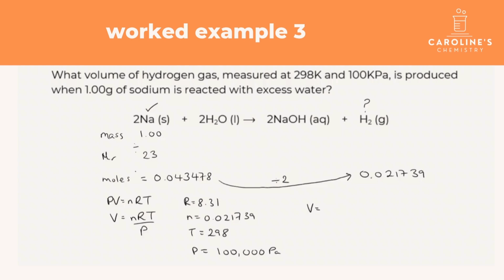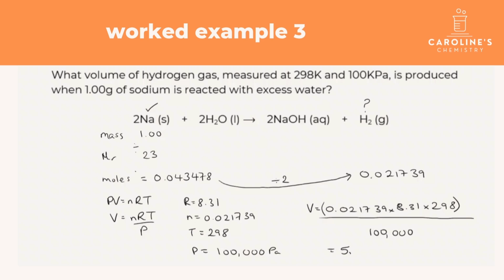Now let's substitute these values into our rearranged equation. So we have our n, 0.021739, times by R, 8.31, times by T, our 298. Make sure you pop that in brackets when you're putting it into your calculator and divide it by the pressure, 100,000.